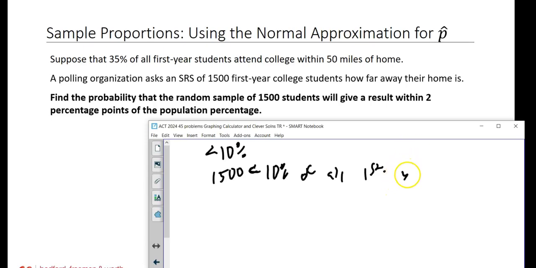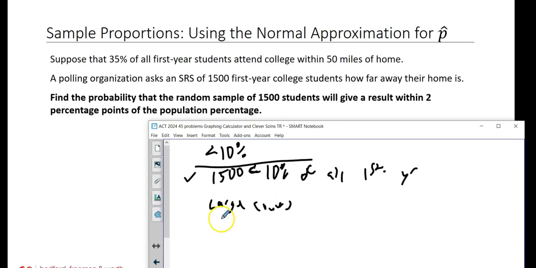So that's the first condition, right? The next condition, after the less than 10% condition, is the large counts. This will help us prove shape if we need it, which many times we will.